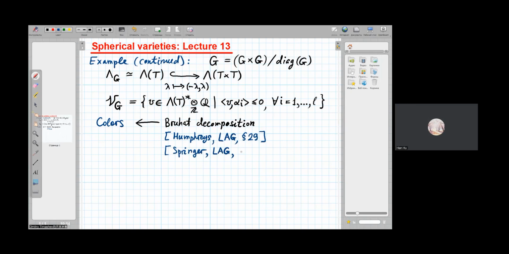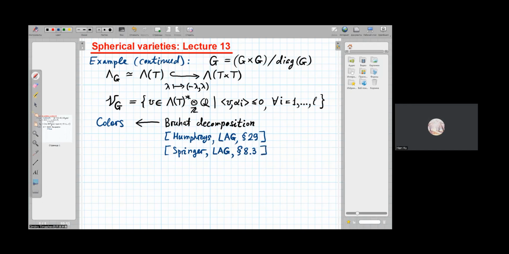And the Bruhat decomposition is discussed there in chapter 8, section 3, so the section is 8.3.